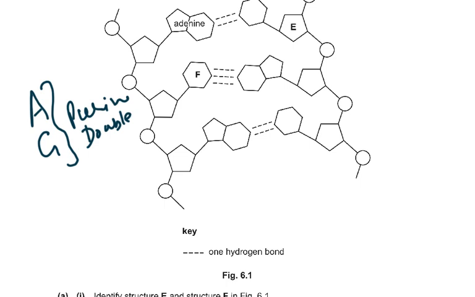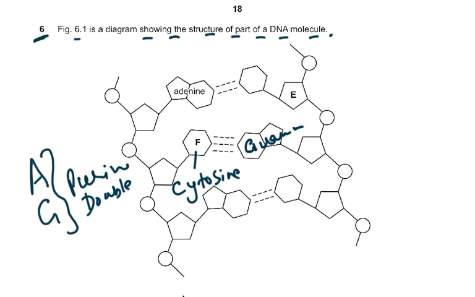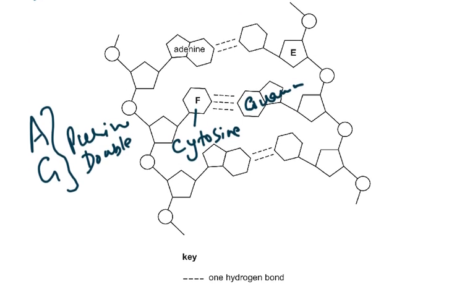So if this is adenine, then this has to be guanine, so F has to be cytosine. Because the question says it is a diagram of part of a DNA molecule, adenine pairs with thymine, and if this is guanine, then this has to be cytosine.